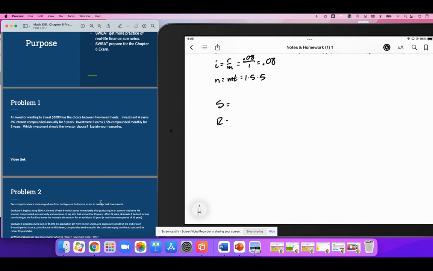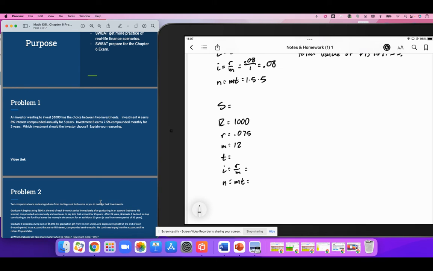So let's do our SERMTN. And we are not sure what the value is going to be at the end. We are depositing $1,000. The rate this time is 0.075. The M is going to be 12 because it's compounded monthly, and it's still going to be invested for 5 years.